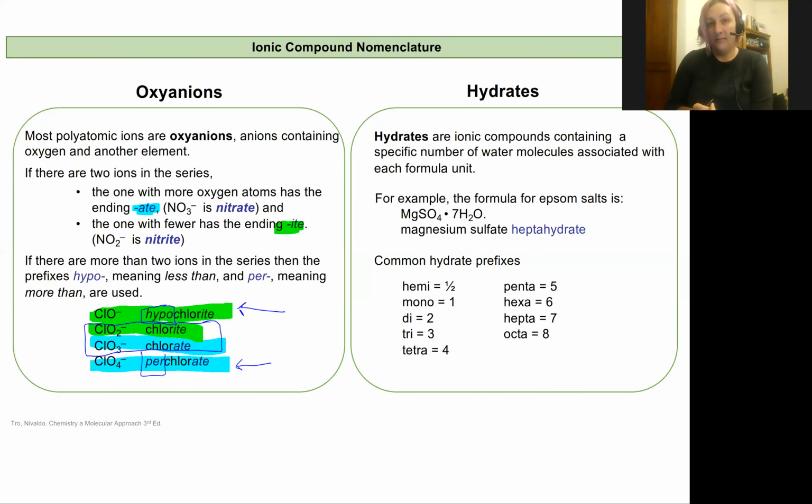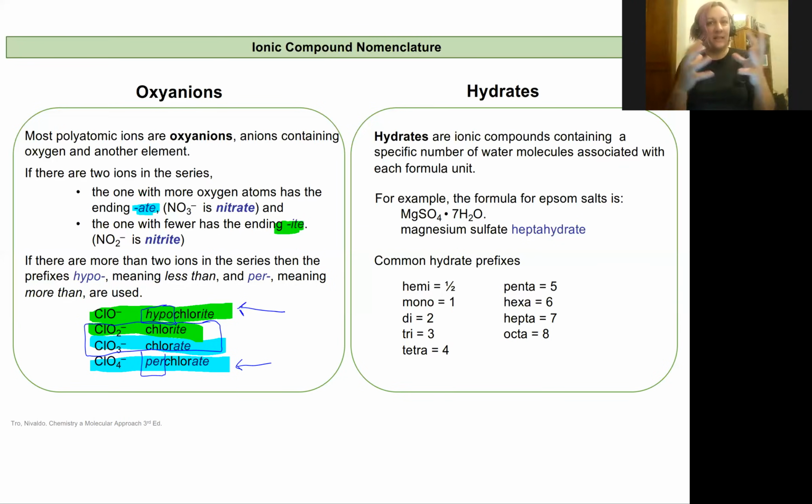Another naming convention steps outside the actual ionic compound itself. When these ionic compounds form as salts, they often form salt crystals. And when they form those crystals, they sometimes crystallize with water around them. So you have some water molecules that are in a solid with your ionic compound and interspersed throughout it.